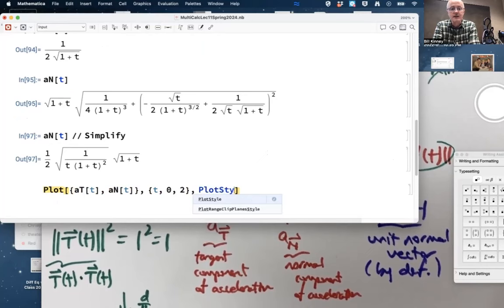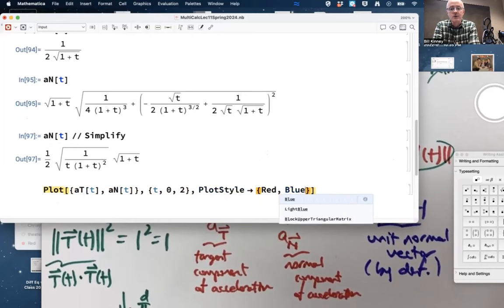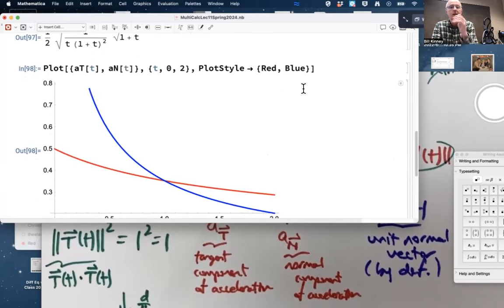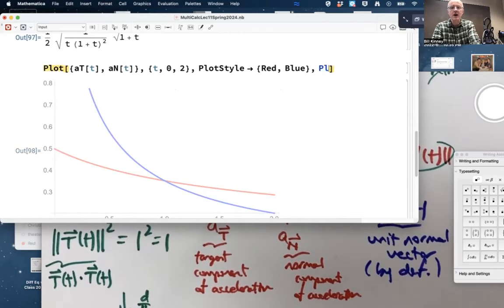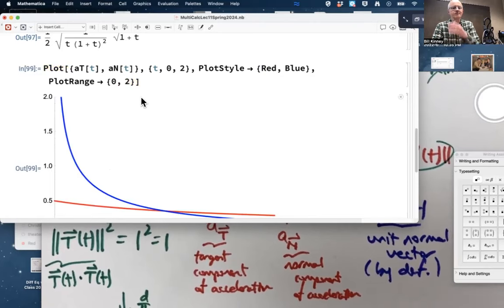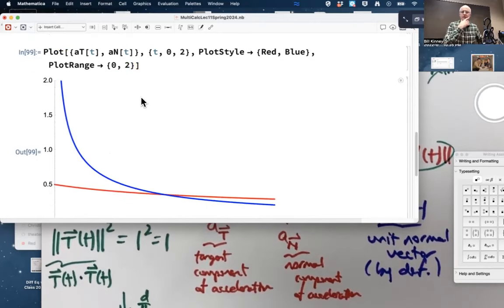Make the a t of t red and the a n of t blue. That's the tangential and normal components of acceleration. What does it tell you? It tells you at the start, and the blue one's got a vertical asymptote, it looks like, at t equals 0.